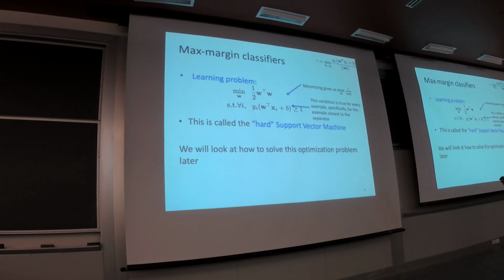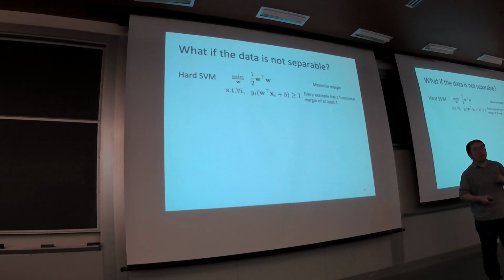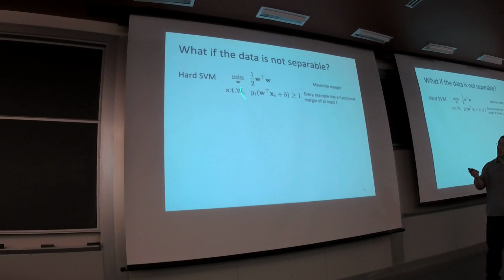Why? Because if the data is not linearly separable, that means there exists at least one data point whose function margin is less than 0. If they are all bigger than 0, then you can correctly predict all the examples. Remember, we discussed this point.